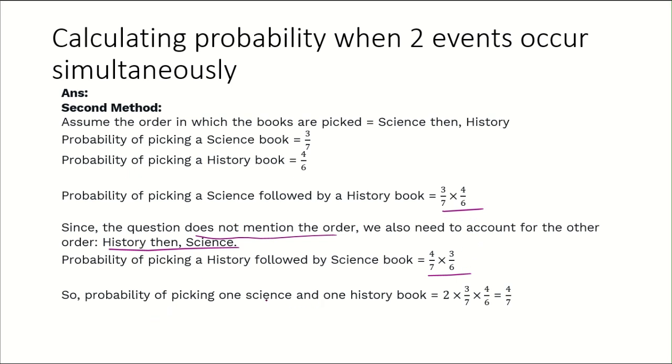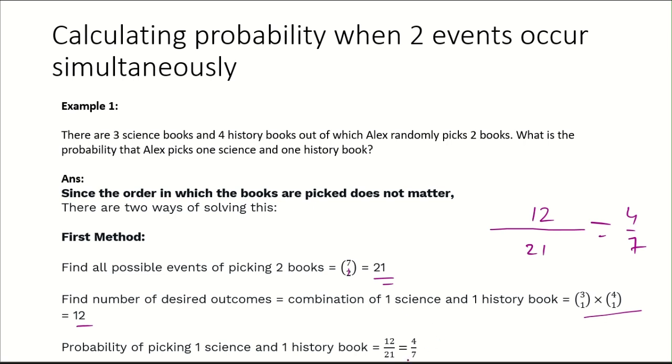So the probability of picking 1 science and 1 history book is adding these 2 probabilities. Now notice that both the probabilities are the same, right? This one and this one. So we just multiply this probability by 2 to get the final probability. So 2 times 3 by 7 times 4 by 6 gives 4 by 7. Now this number is exactly the same as we got using the other method.